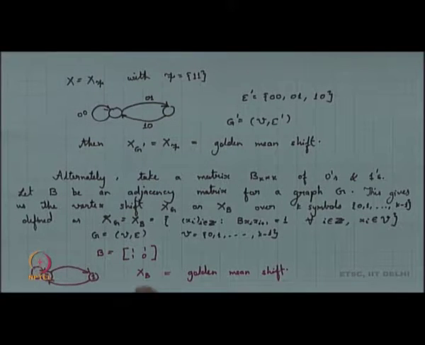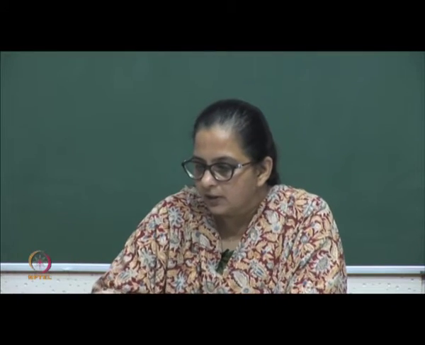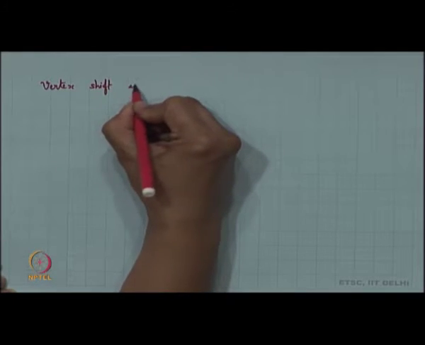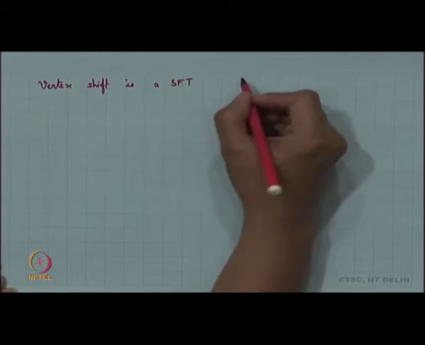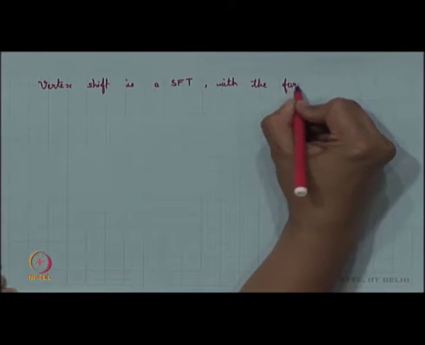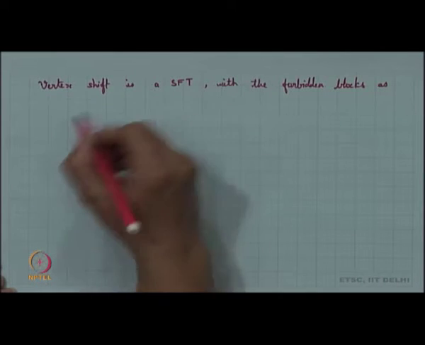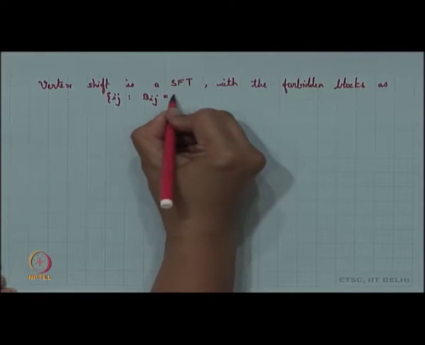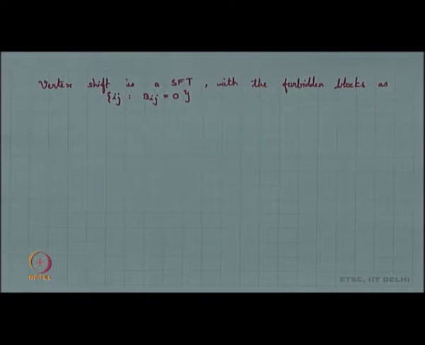Now, we see that this vertex shift is a subshift of finite type, where you are looking at the forbidden blocks, all (i, j) such that B of i, j is equal to 0. So finitely many of them. So this is always going to be a subshift of finite type.